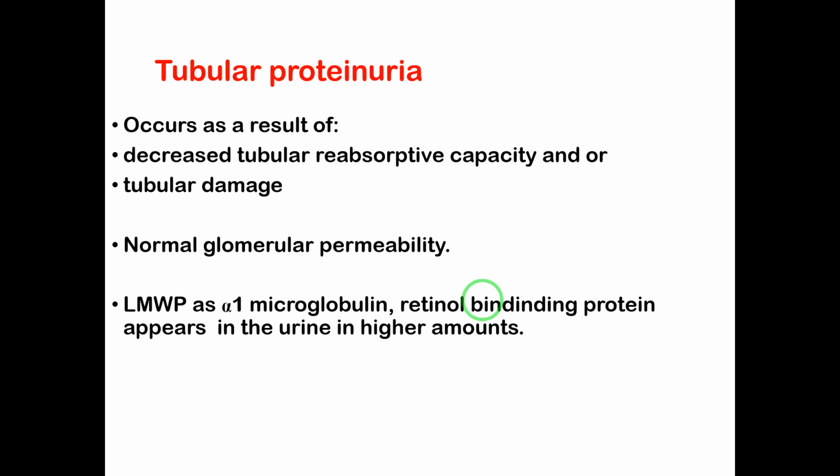For example, the retinol binding protein and the alpha-1 microglobulin. So to differentiate between tubular and glomerular proteinuria is from the size of the protein. In the tubular, we have the low molecular weight protein. In the glomerular, we have high and low molecular weight protein appearing in the urine.